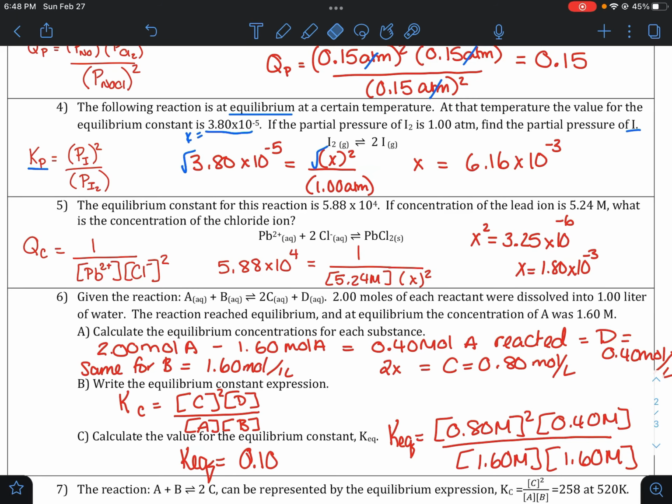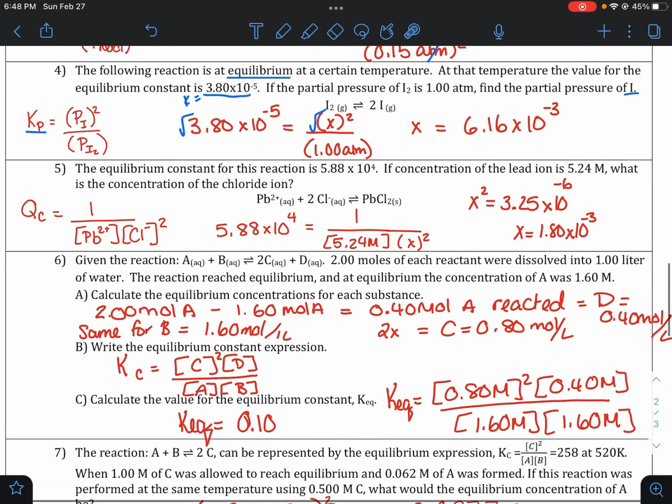Okay. Number 5 is very similar, okay? The equilibrium constant for this reaction is this, so K is equal to that value. Okay, our lead ion concentration, okay, so that one is 5.24. What is the concentration of the chloride ion? All right, and again, remember, this one, PbCl2, doesn't matter since it's a solid.